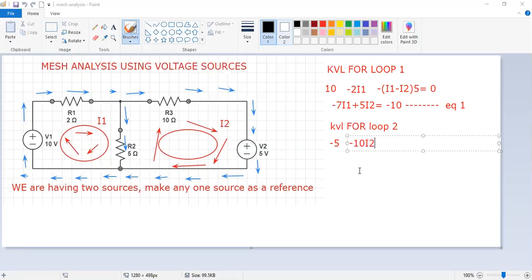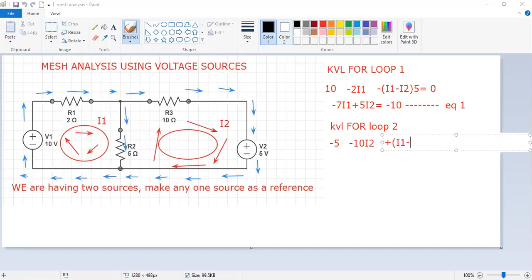So then one more resistance, R2. We can see the branch current is moving like this, whereas the loop current is opposing here. Whenever branch current and my loop current are opposing, then plus I into R. So I can say plus I1 minus I2. Which current is flowing here?